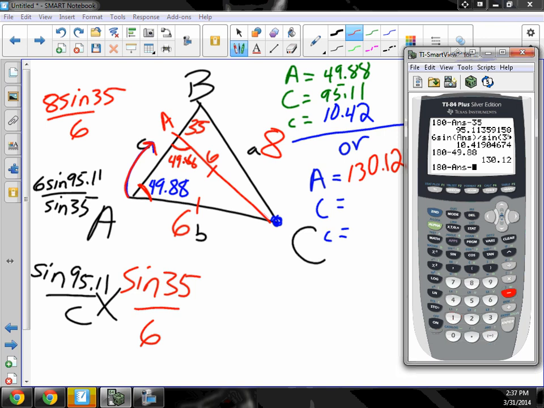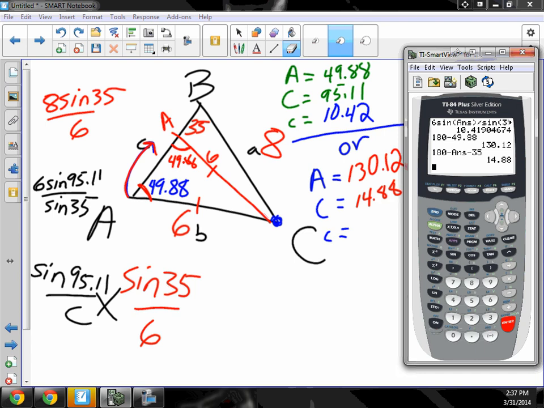How do I find C? 180 minus the answer, minus 35. And this angle will always be really small. Whenever you're doing this, the last angle you calculate is going to be small. And then how do I calculate little c? Just like I did before, but now C, instead of being 95, is 14.88.